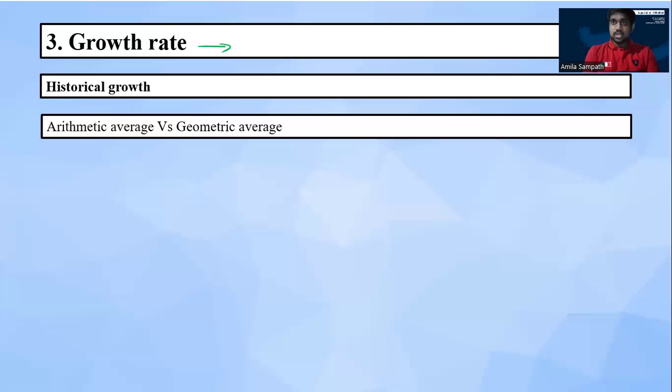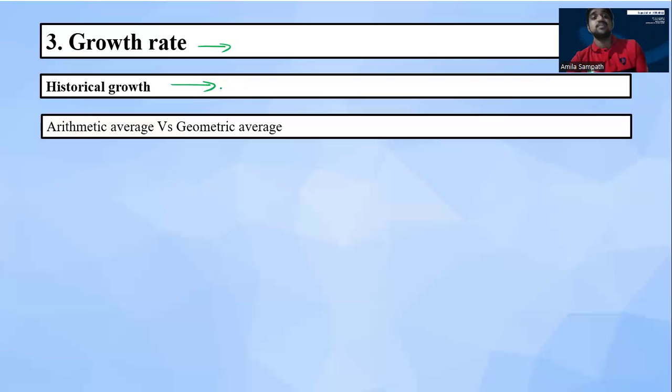Okay. For that purpose, one way that we can identify our growth rate is based on our historical trend. That means we can use our historical growth for our forecasting purposes, assuming historical growth remains unchanged and constant for our future forecasting period.